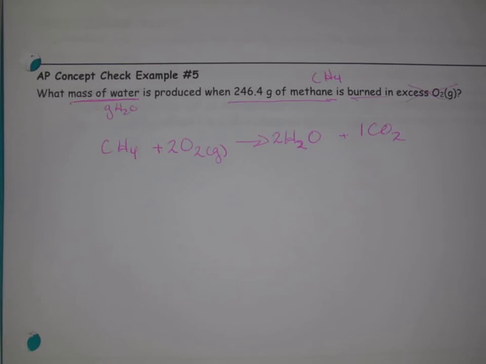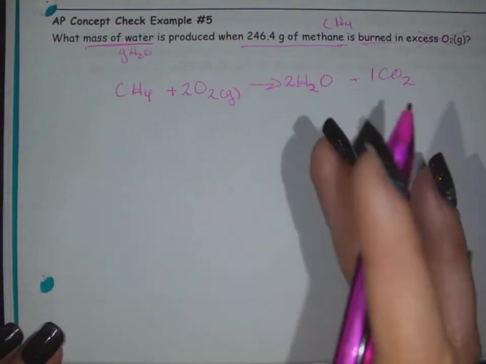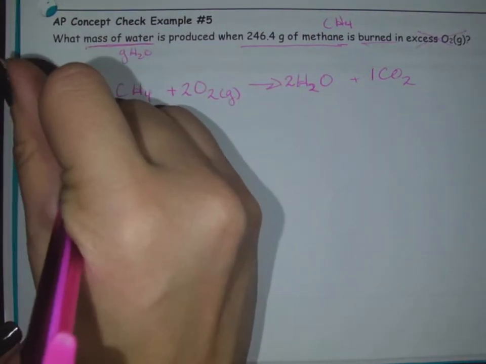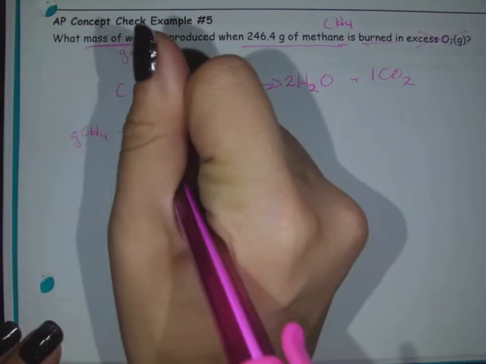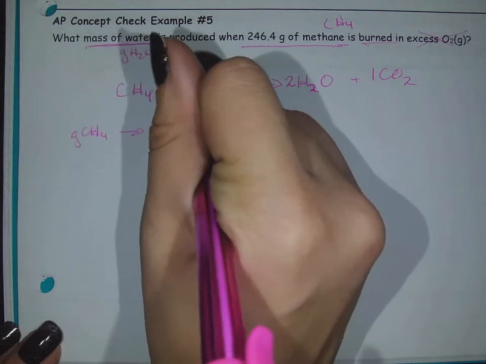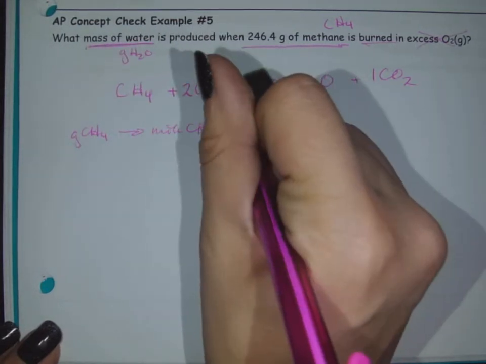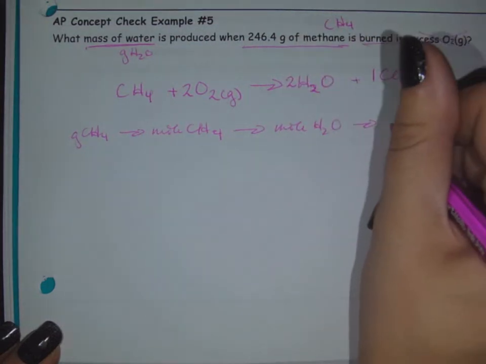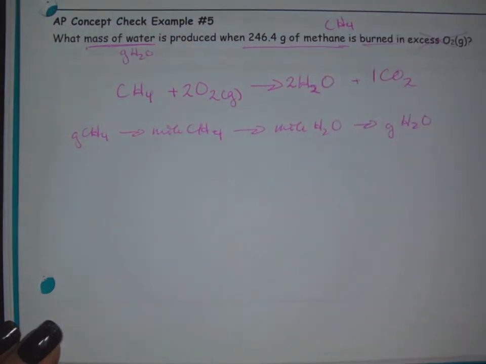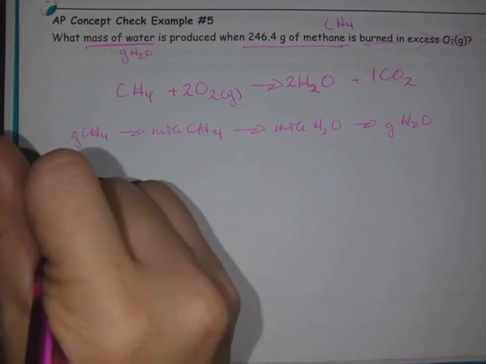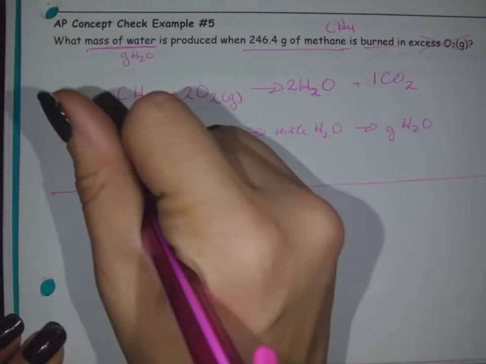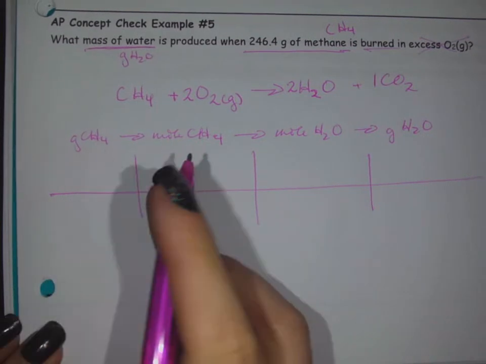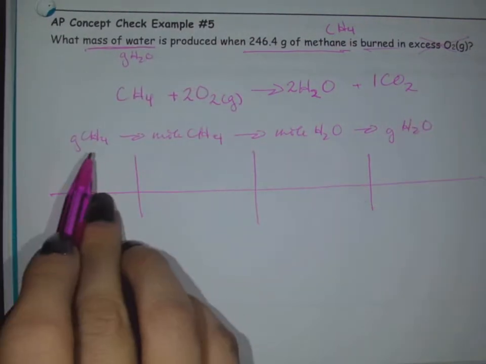Or we can use a big long goalpost, where we are going from grams of methane to moles of methane to moles of water to grams of water. Now, grams to moles tells me my units as well, which is really nice.